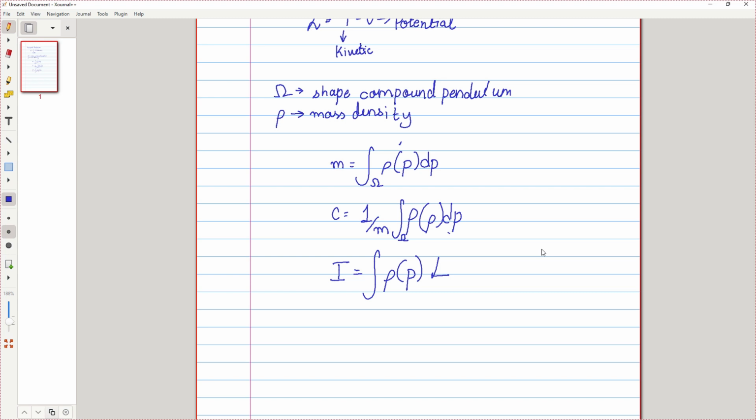This is the point about which the pendulum is swinging, and we write it like this.